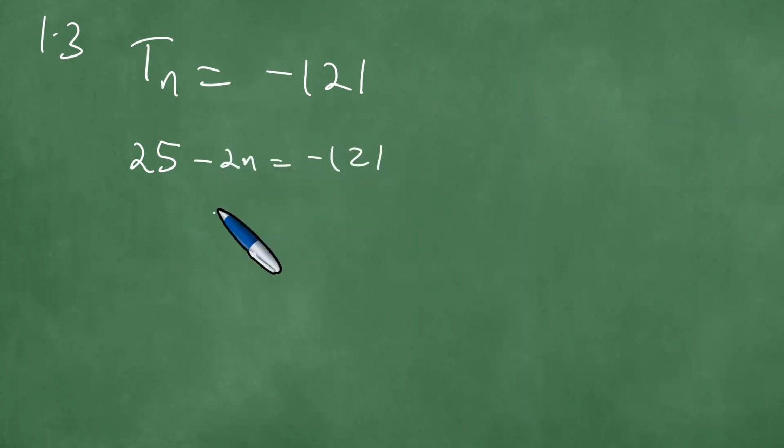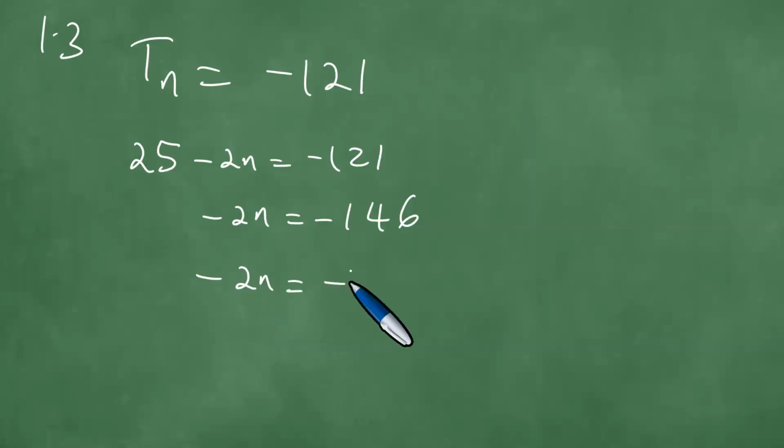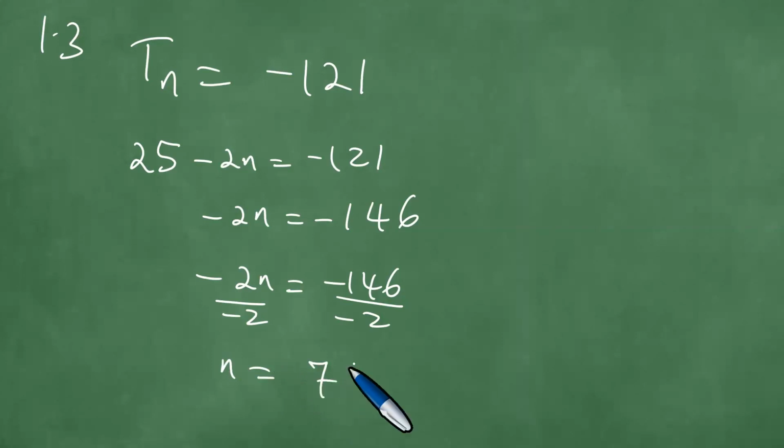25 minus 2n equals minus 121, which means you bring the 25 across, which is minus 146. Minus 2n equals minus 146. You divide by minus 2, which means n is what? n is 73.